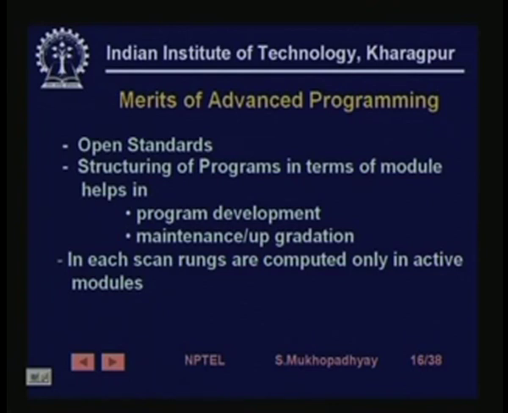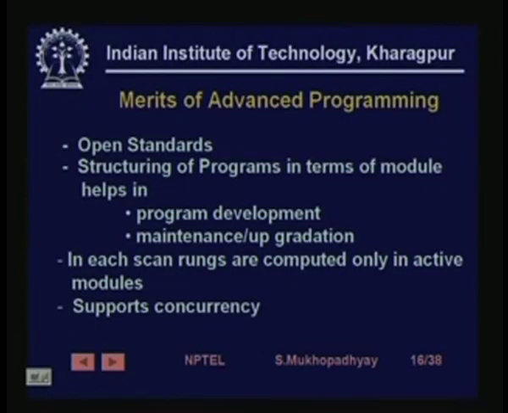Then, it is not necessary that every rung has to be computed all the time. In fact, only a few rungs are actually active and the other rungs are inactive. So, there is no point computing them, and you can save a lot of computational time by skipping those. That will improve computational performance, and it supports concurrency.